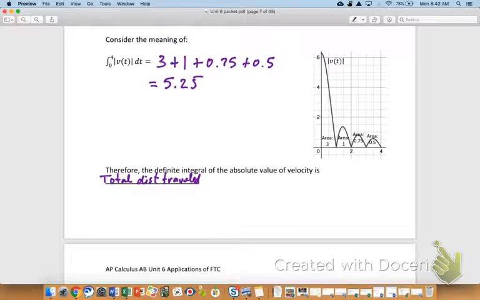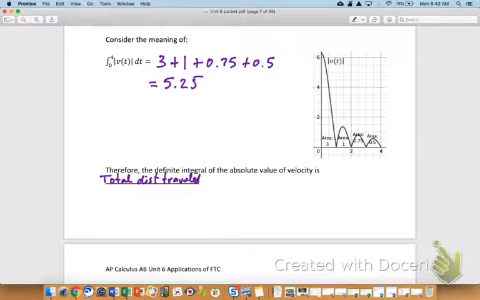Can I ask you another question? What was the answer for the first one again? Was it 2.25? And this is 5.25? The fact that those two numbers are different, the fact that displacement is different than total distance traveled, what does that tell you about how the particle was moving? If the total distance traveled is different than displacement, what does that mean?